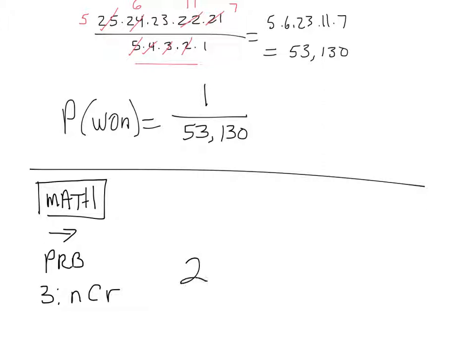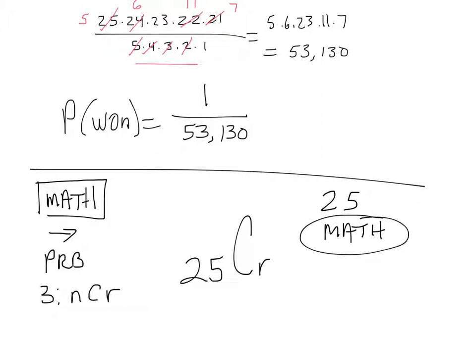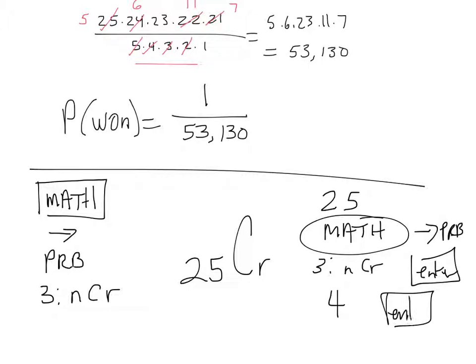I would first type 25 in my calculator, then press the math button, arrow over to PRB, go down to 3, nCr, and press enter, and you'll see that show up.